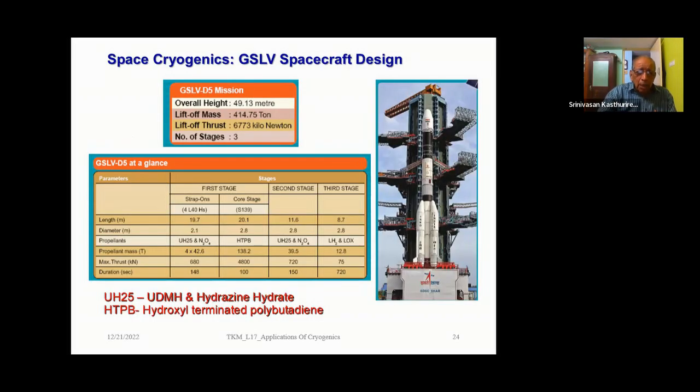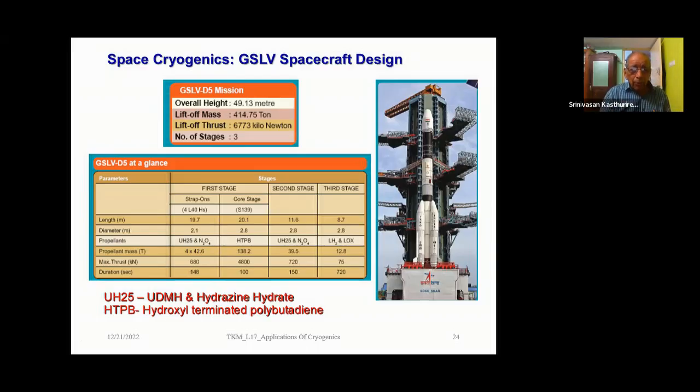Now, space cryogenics, GSLV spacecraft design. I would like to show you a picture of the GSLV spacecraft mounted just prior to launch. There are some data given here.